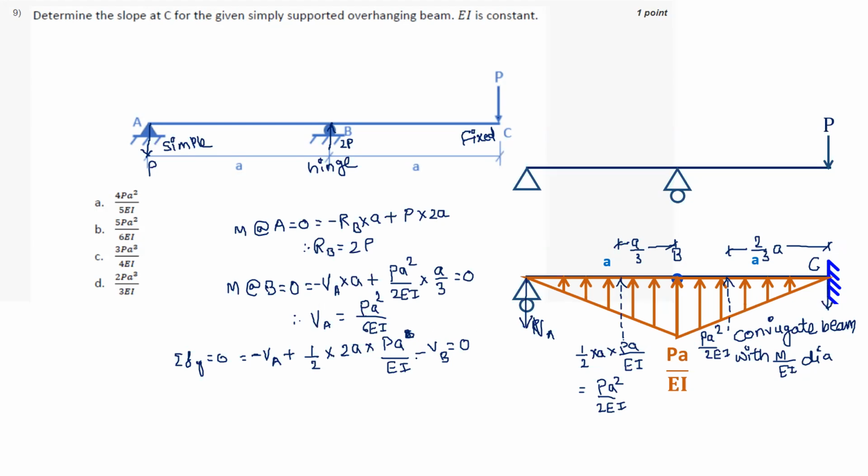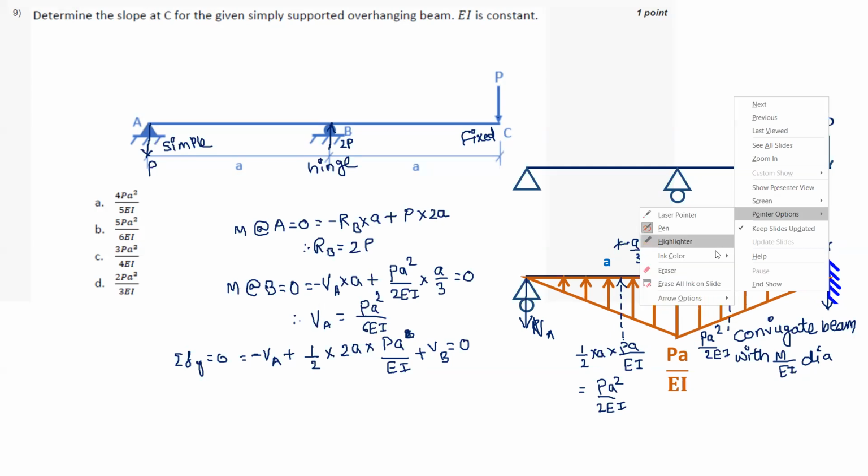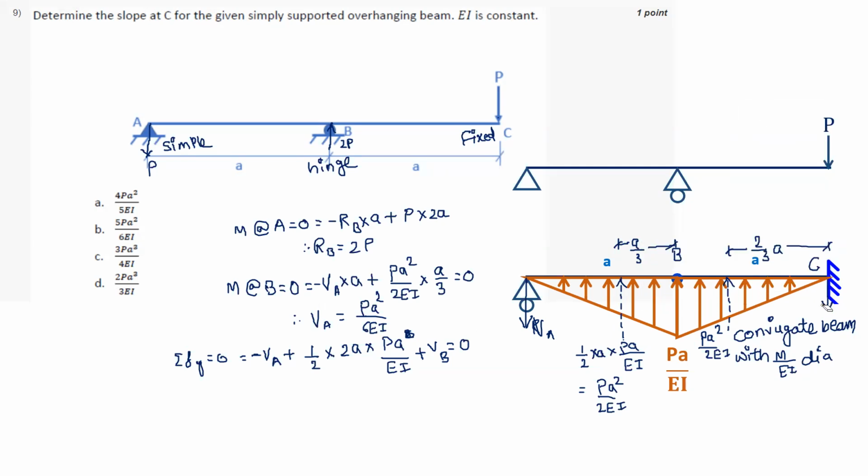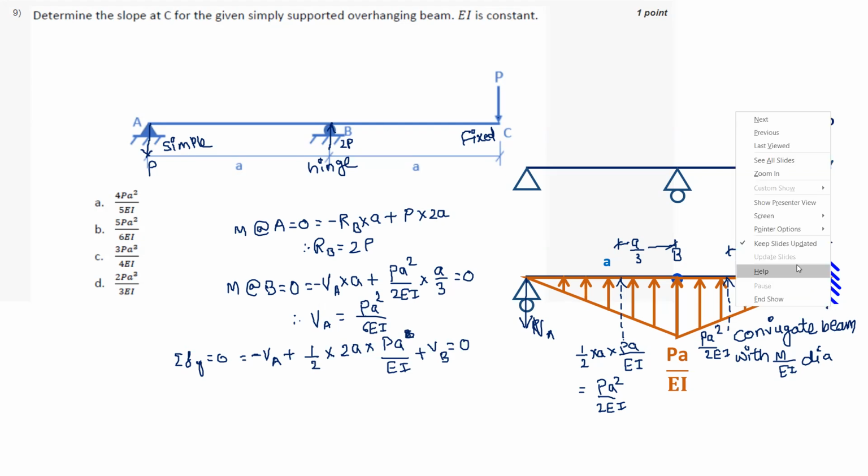Or you can write it as plus VB, then also it's okay. So you are assuming this value of VB in the upward direction, so I will make it upward, and we have taken this value as plus.